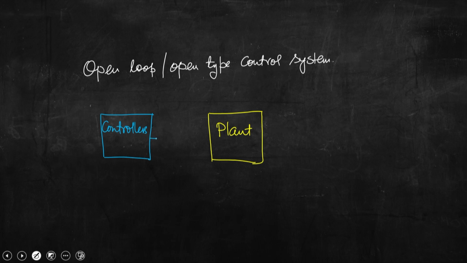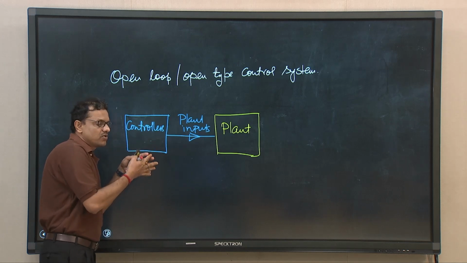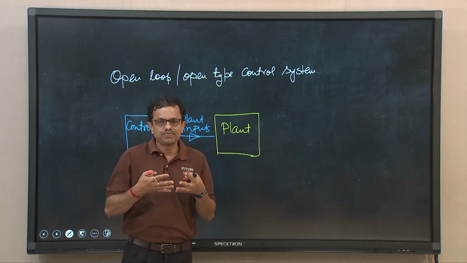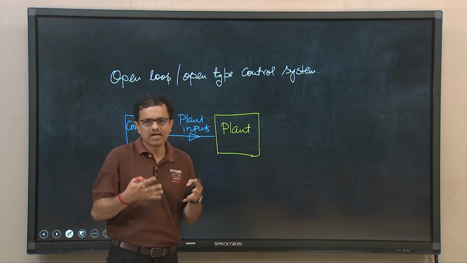These controllers will drive the plant. So, the plant will receive some input from the controller. These inputs are plant inputs, and again these controllers will receive some input from the environment, from the practical scenario.